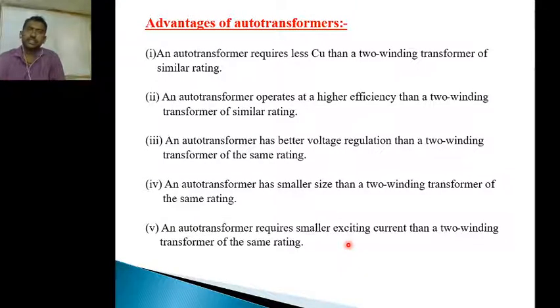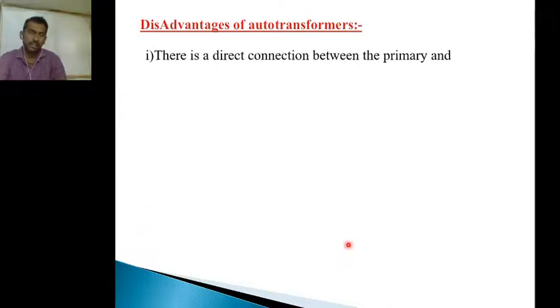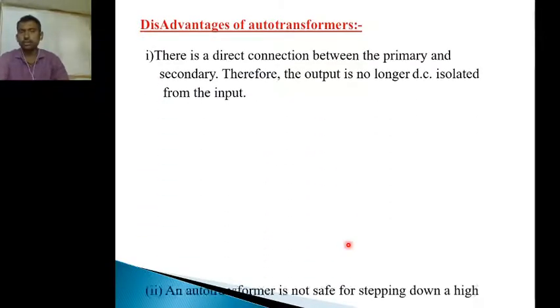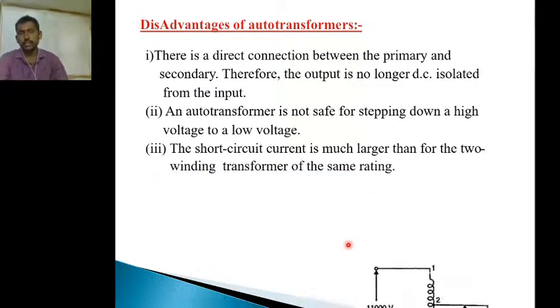Coming to the disadvantages of the auto transformer, there is a direct connection between the primary winding and the secondary winding, so the output is not DC isolated from the input. Similarly, the auto transformer is not safe for stepping down a high voltage to a low voltage.